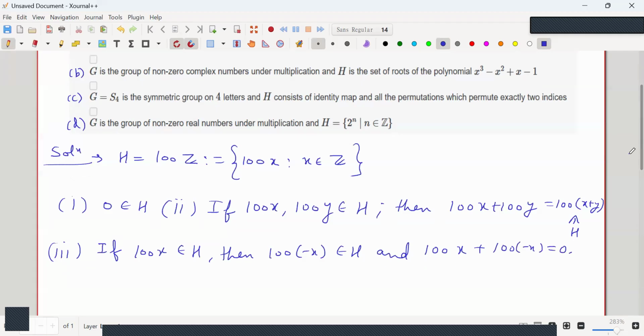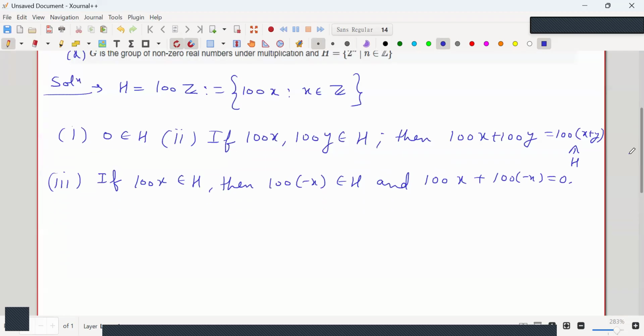And you have already seen in class that in fact this 100 has nothing to do with it. All sets of the form A times Z are subgroups of the group of all integers under addition.